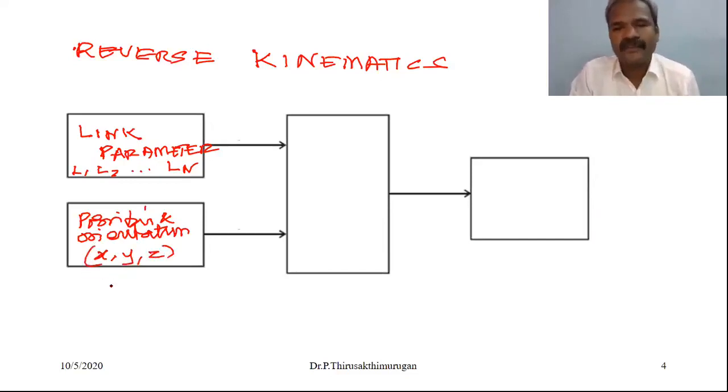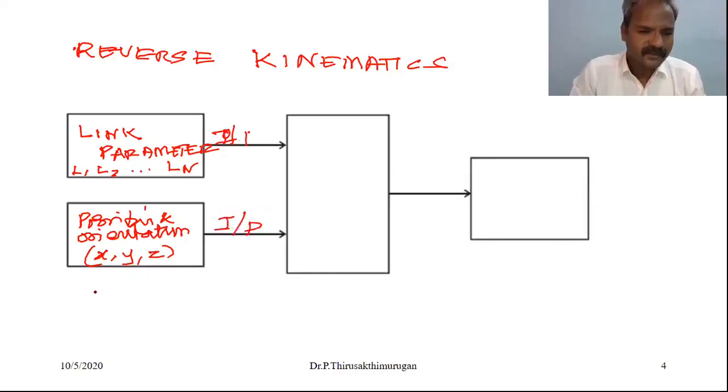So planar robo is a representation of the robo frame in the 2-dimensional X and Y. Okay. So these two are inputs. So what are the inputs here? Link parameter and the world space parameter.